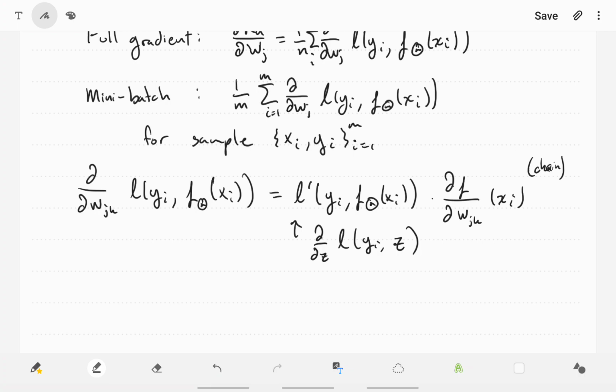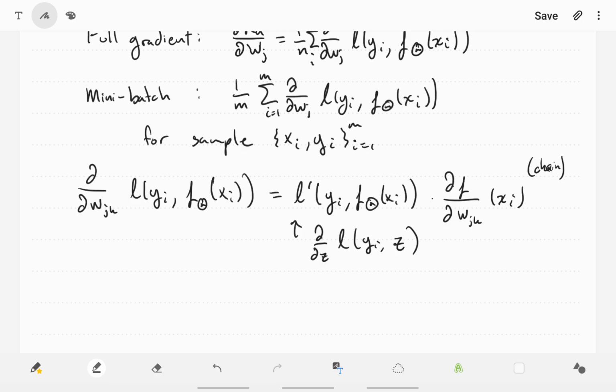Now we've reduced our gradient to a function of these losses, and for all of our losses, you can just hard code exactly what this L prime function is.